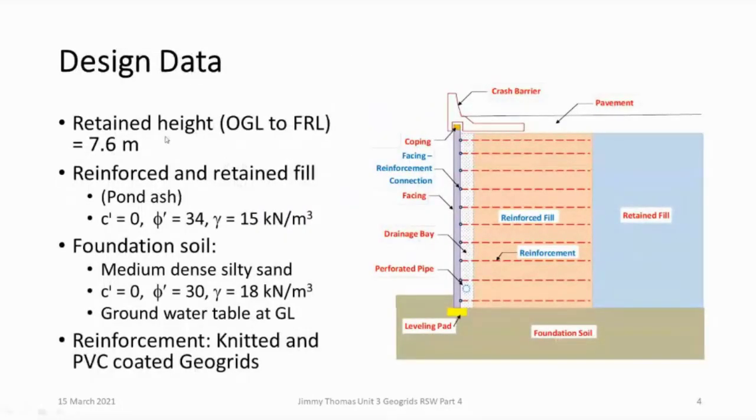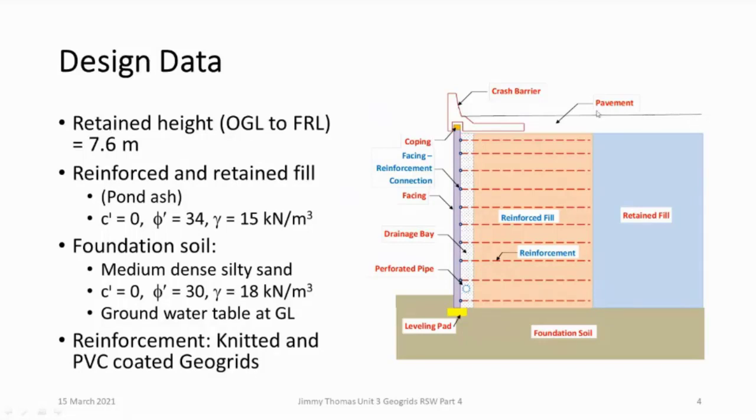Normally the most common application is approaches to flyovers or underpasses. Here I have taken a typical cross section. In an actual project, we get the finished road levels, the proposed road levels, normally at the median.